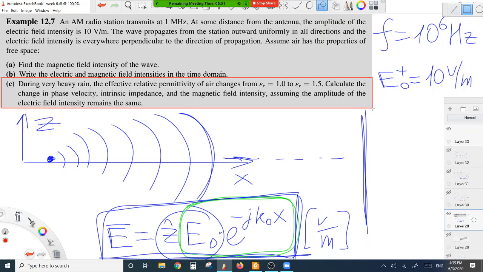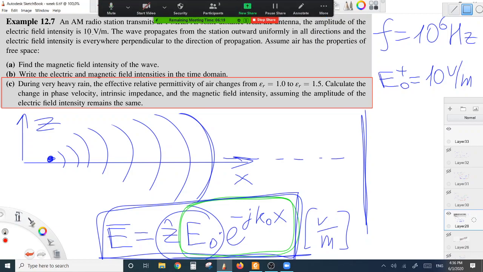During very heavy rain, the effective relative permittivity for air changes from epsilon r 1 to epsilon r 1.5. Calculate the change in phase velocity, intrinsic impedance, and magnetic field intensity, assuming that the amplitude of the electric field intensity remains the same. Okay, can you do this part of the problem by yourself? Can you try?